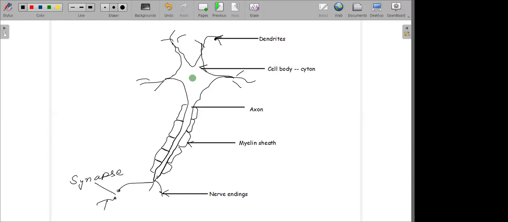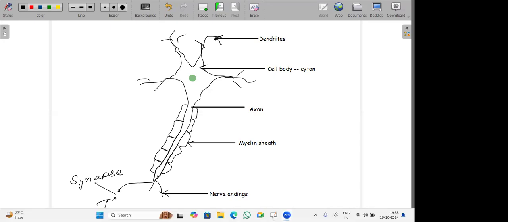So just show your diagram. And is the screen visible? Yes, sir. Okay. Shravan, just draw the diagram and show.